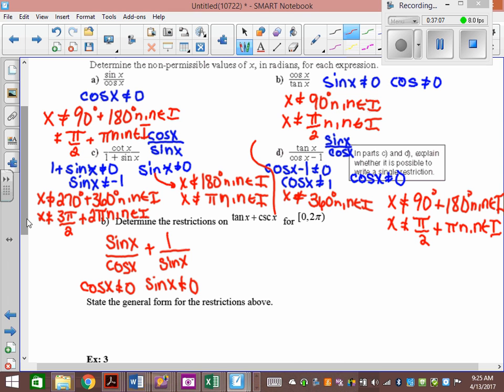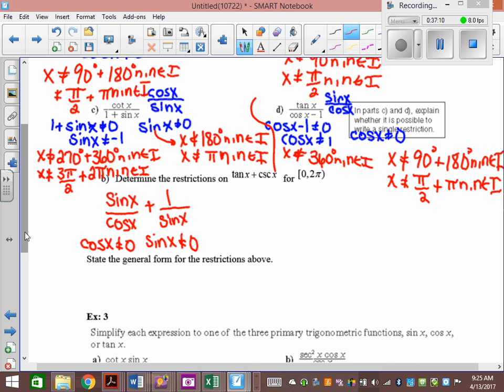So 0 radians would be counted, then pi over 2, which is 90, pi, and 3 pi over 2, but we wouldn't give the answer 2 pi, because they gave us a restricted domain where they wanted the NPVs. Then here it says state the general solution. The general solution is just x can't equal pi over 2 n, n an integer, every 90.